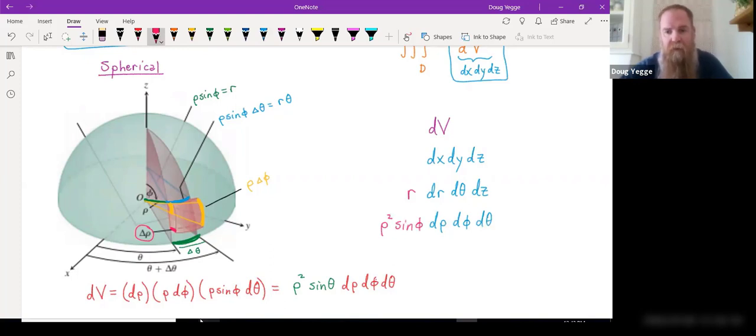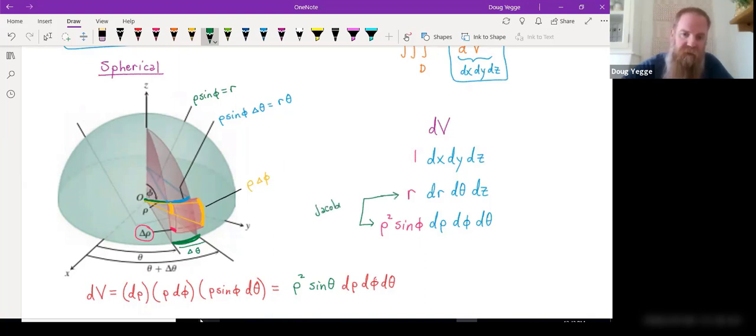So notice that the multiplier here is just 1 for rectangular, but if we were going to convert it into one of these other two common forms, there has to be this other multiplier, and these two multipliers here are called the Jacobian.